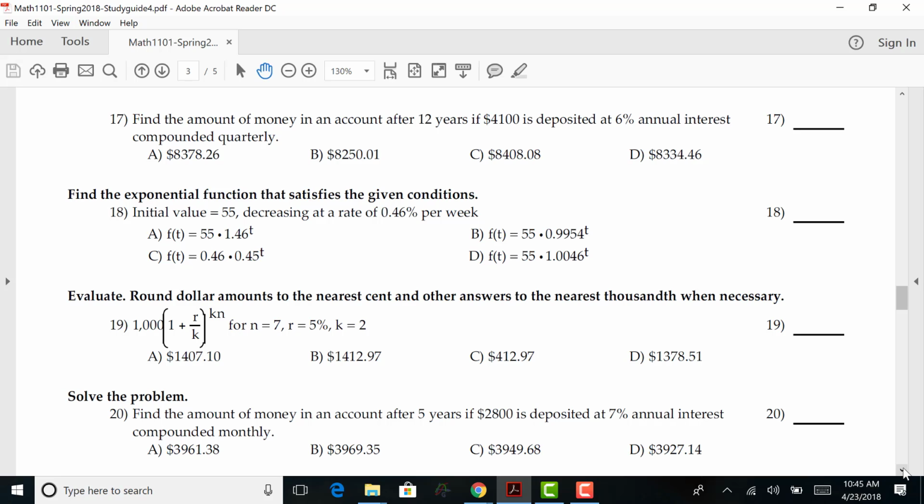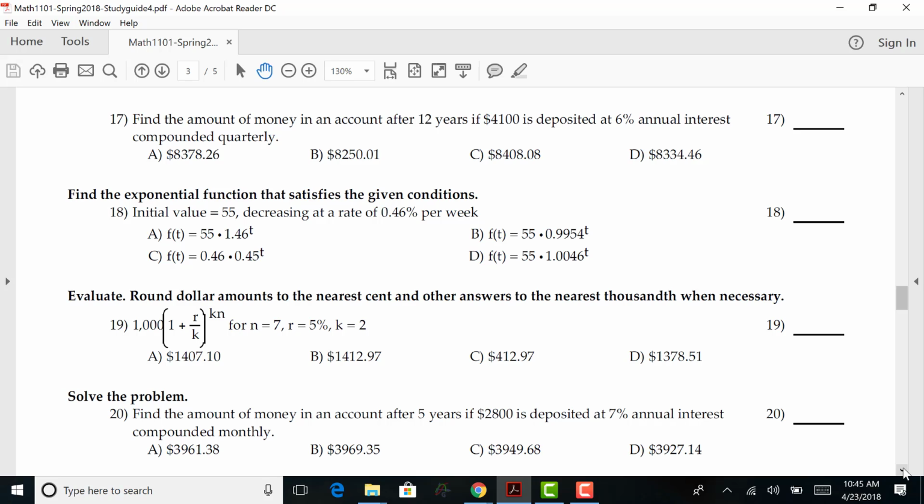Okay. That's just a calculator problem. So is number 20. Number 20 is another calculator problem. You just gotta make sure you put it in right. It says find the amount of money in the account after 5 years if $2,800 is deposited at 7% compounded monthly.